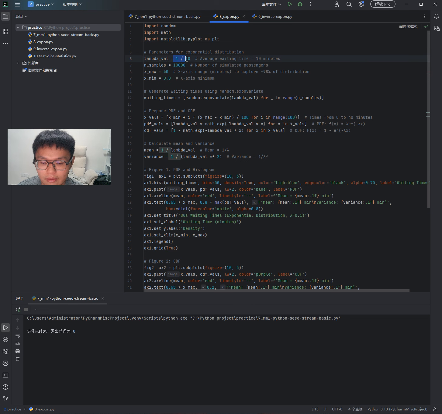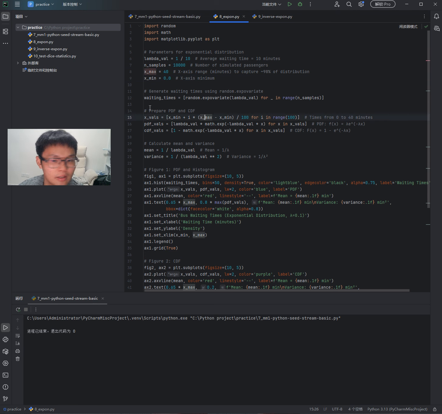The lambda is 0.1, meaning the average waiting time is 10 minutes. And we simulate 10,000 passengers. Here we generate 10,000 random values from the exponential distribution to simulate actual waiting times.